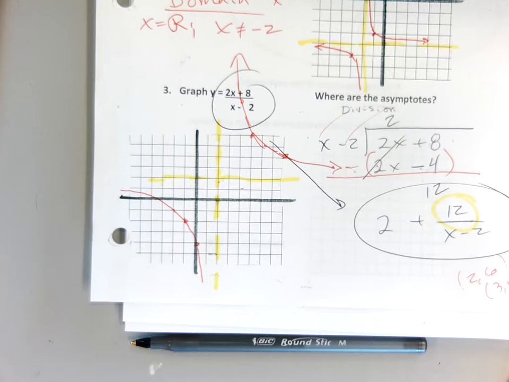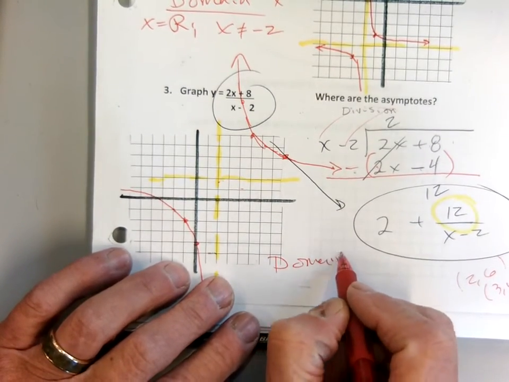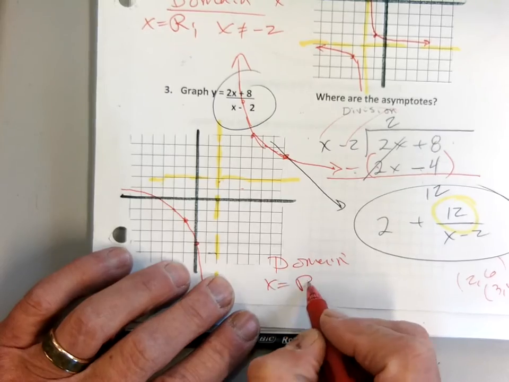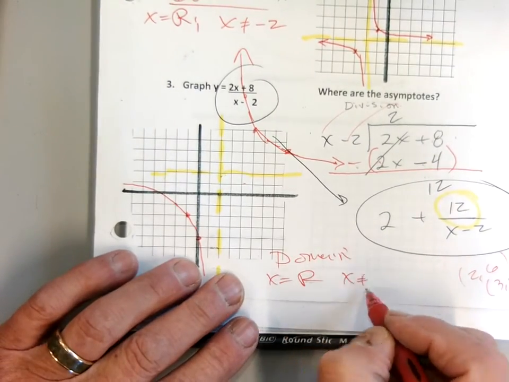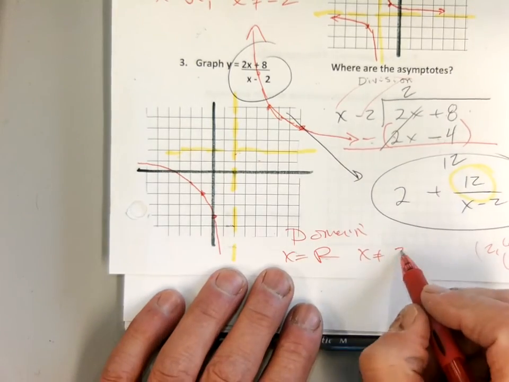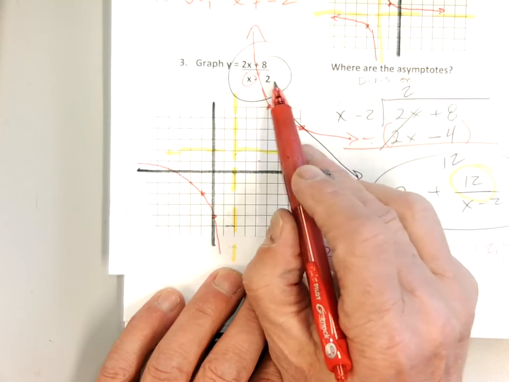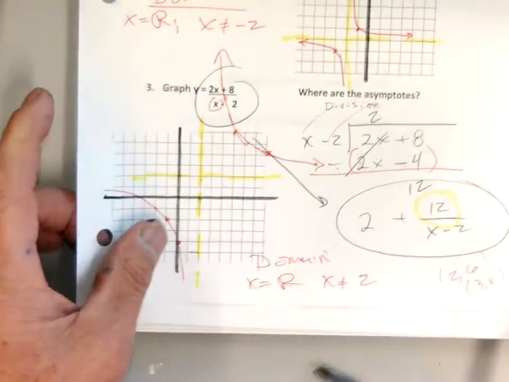All real numbers. The domain is X is equal to all real numbers, everything, except one place. What can X not be? 2. Because if 2's right there, 2 minus 2 is what? 0. Good, okay.